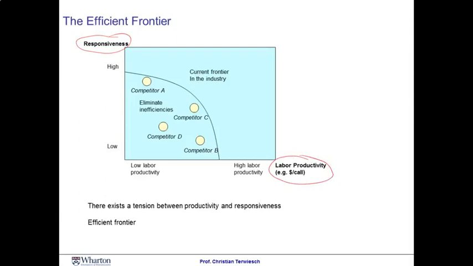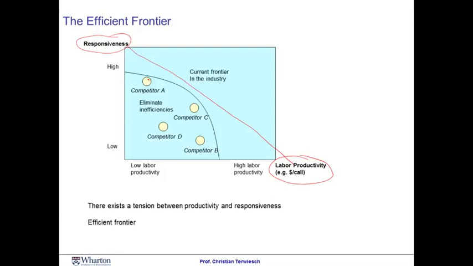Now the problem with that, of course, is that your responsiveness will be very poor if you have a very high level of utilization. On the other hand, you can increase your responsiveness if you keep your utilization very low. Good for your responsiveness, bad, however, for your productivity. Thus there exists a tension between those two forces, responsiveness and productivity.